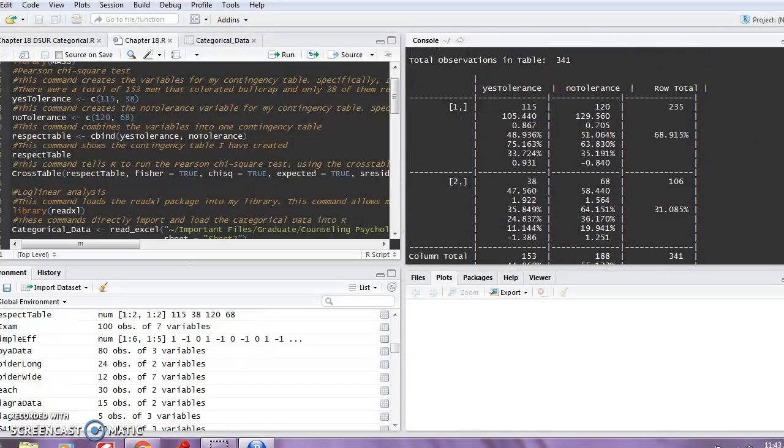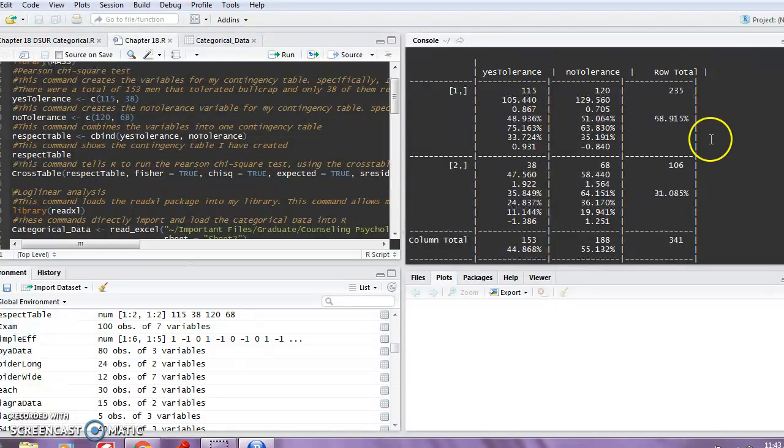Cool beans. Anyways, just looking at it really quickly, the main thing that we want to pay attention to is those who did perceive respect from their partner. So we're going to be looking at row 2. A total of 106 men stated that they perceived respect from their partner.